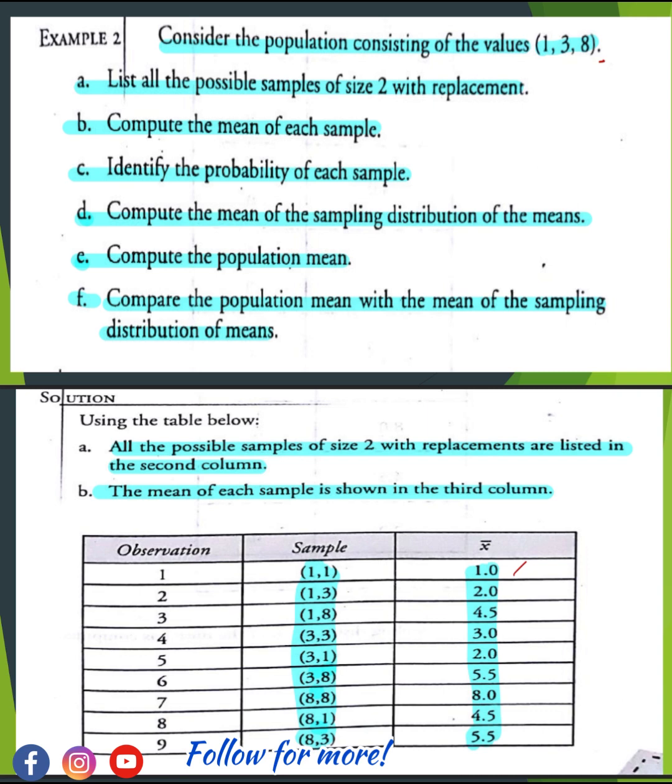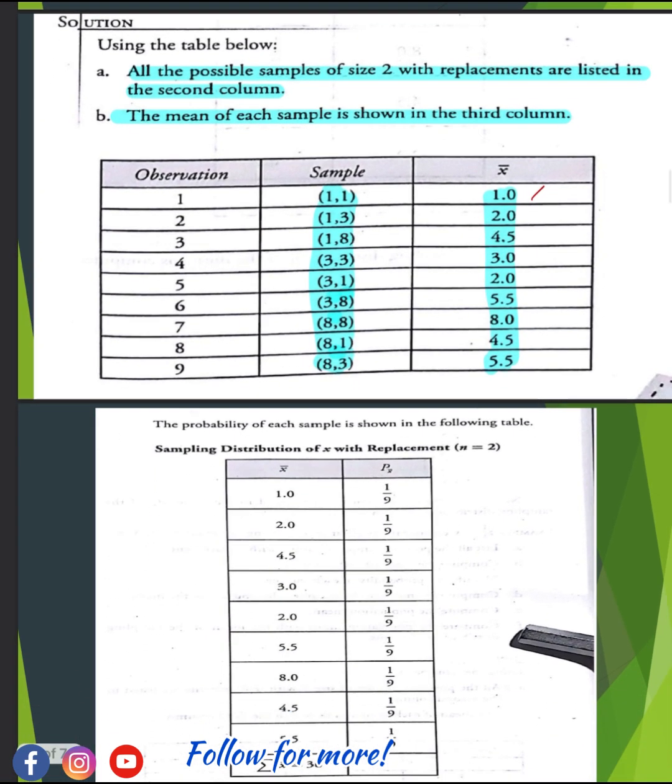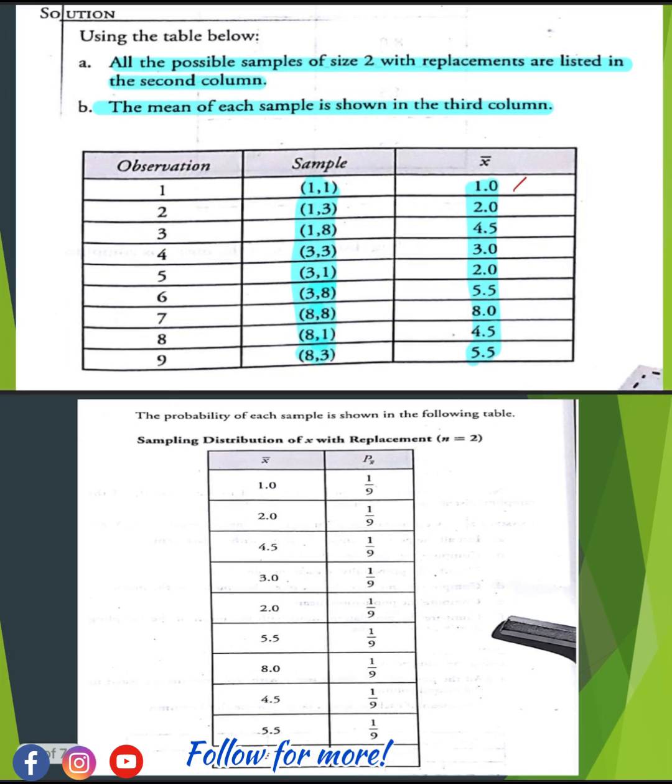Okay? Now, for question C, identify the probability of each sample. So to identify the probability of each sample, just simply write 1 over 9 for a sample mean of 1.0, 1 over 9 also for 2.0, 1 over 9 also for 4.5, 1 over 9 also for 3.0, 1 over 9 also for 2.0, 1 over 9 also for 5.5, 1 over 9 for 8.0, 1 over 9 for 4.5, and 1 over 9 also for 5.5.